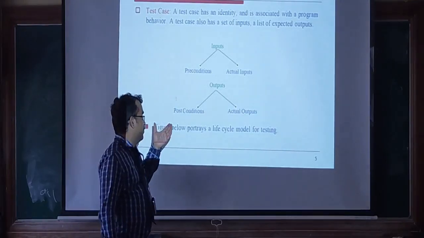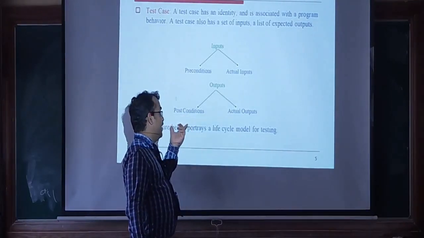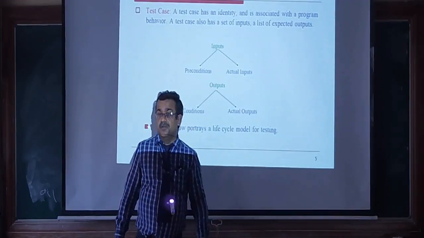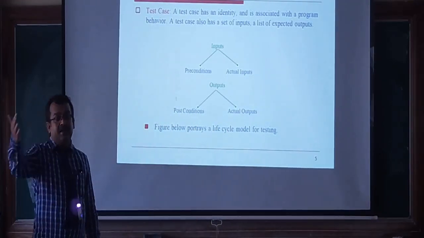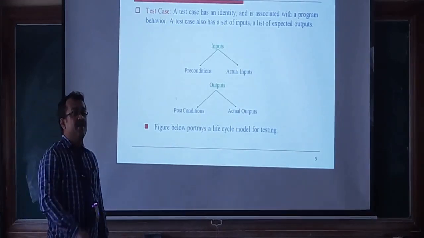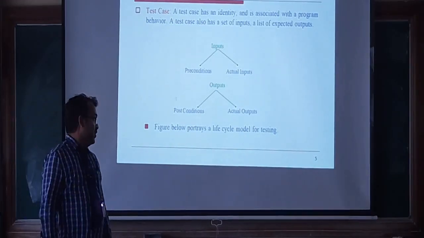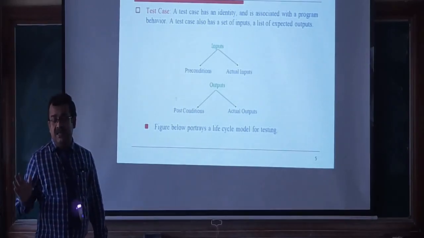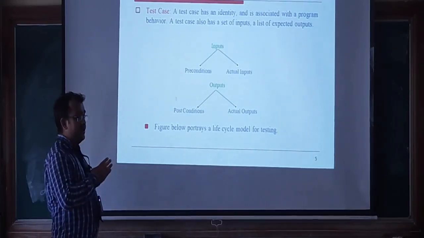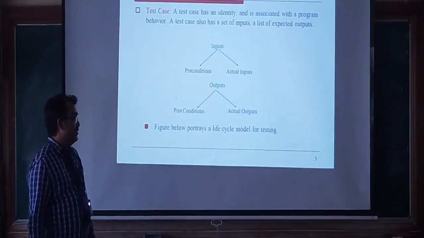So postconditions should be specified, and the actual output produced from the test cases is compared against the expected output to identify whether the test has failed or passed. Once we identify that, we compare the postcondition that must exist.